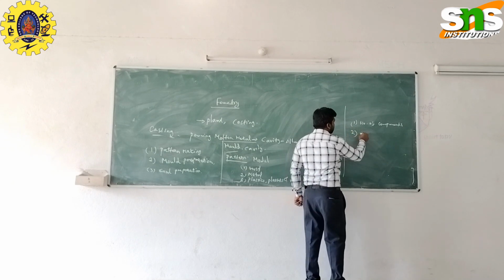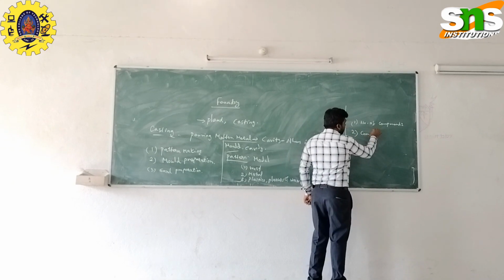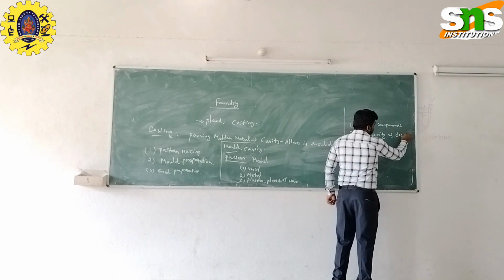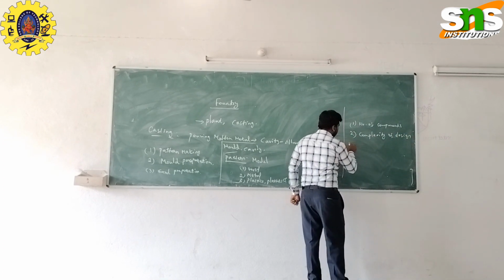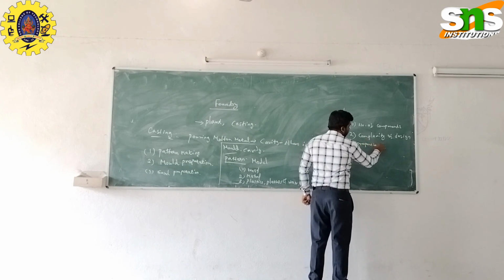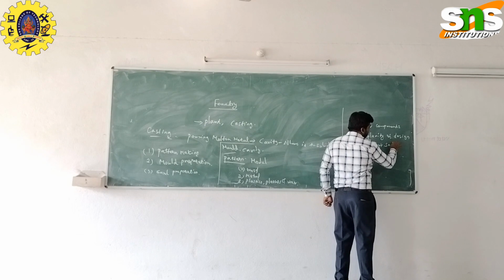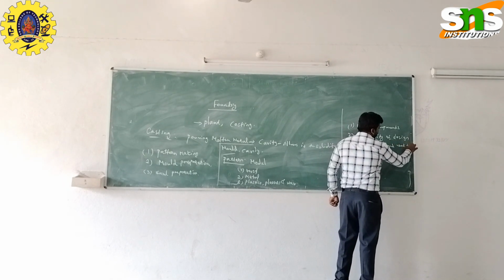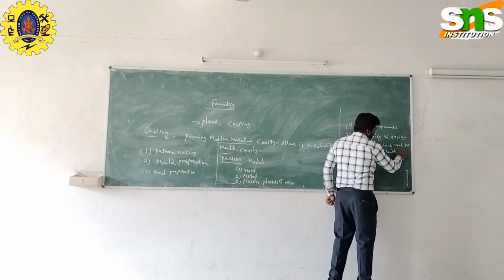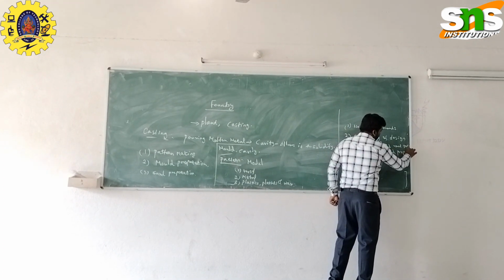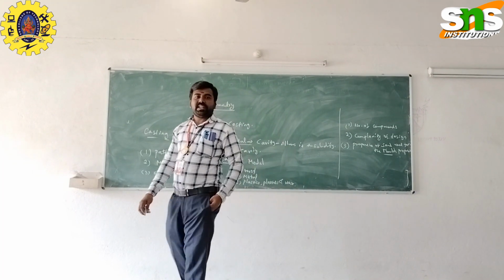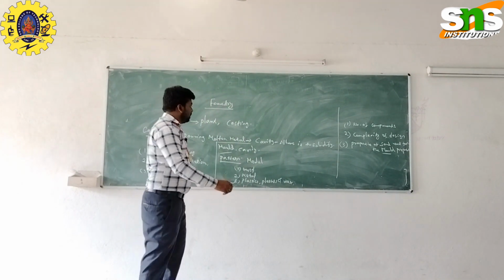The second one is the complexity of design. And the third one is the properties of sand used for the mold preparation. These are the factors to be considered while selecting the pattern materials.